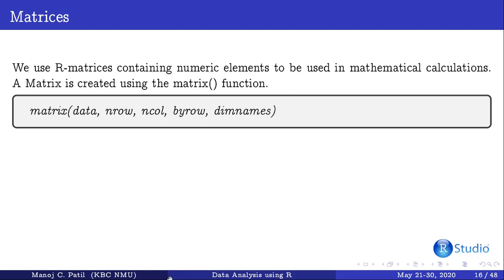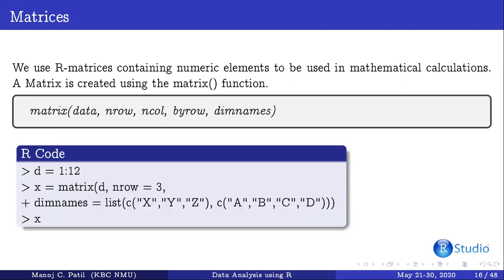A matrix is created using the matrix function. We need data, the number of rows, the number of columns, whether data is entered by row or by column, so TRUE or FALSE may be used there, and dimension names, which must be of character or string type.